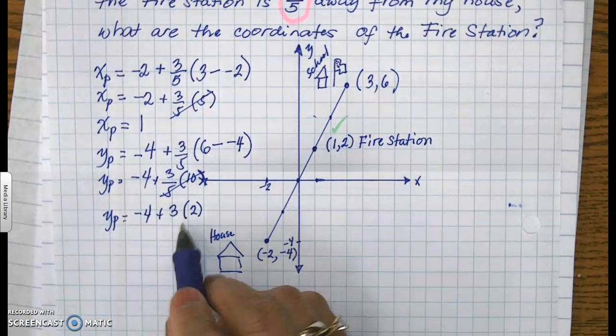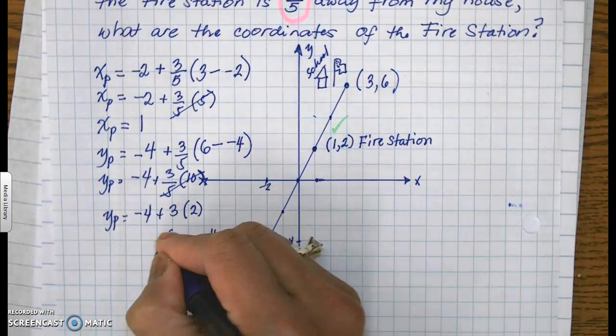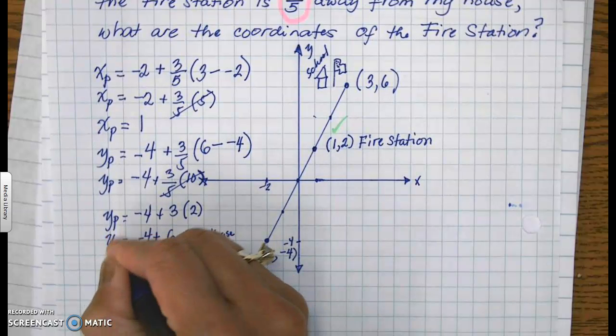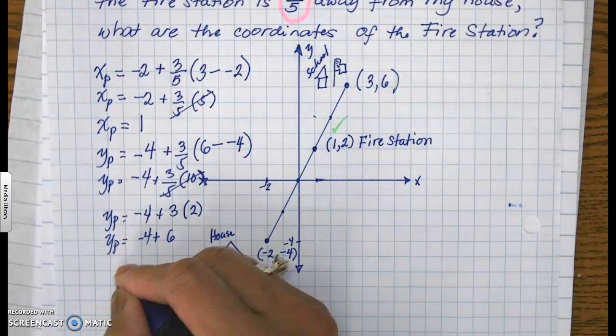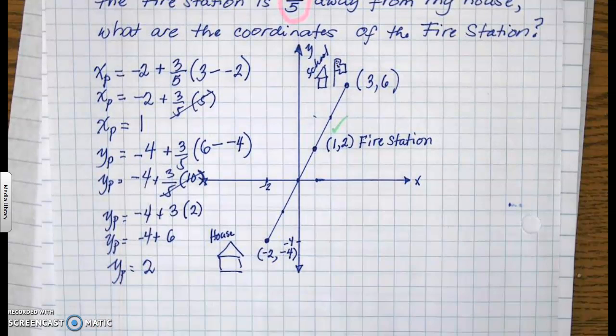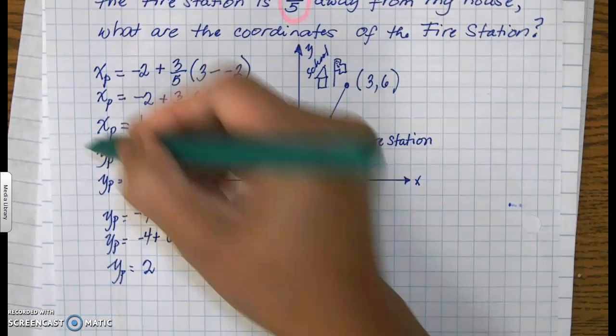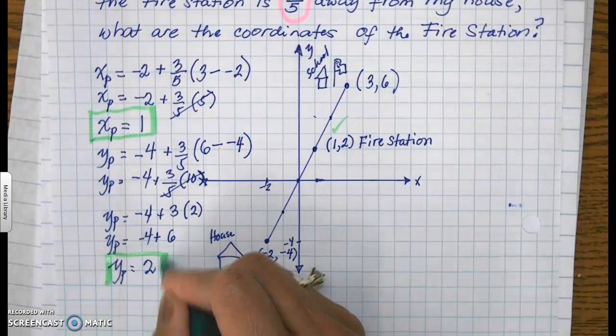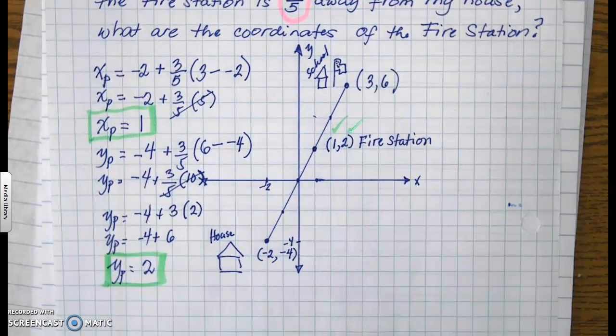PEMDAS makes that become a 6, equals yp. And so the y of your point is going to be a 2. So this is your x. This is your y, which is a check right there.